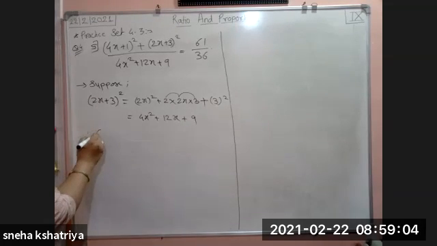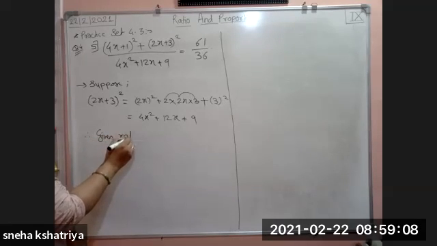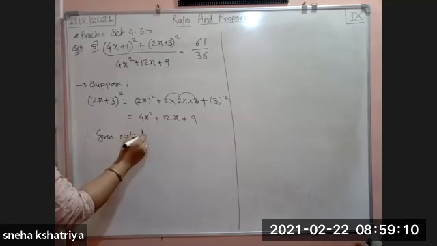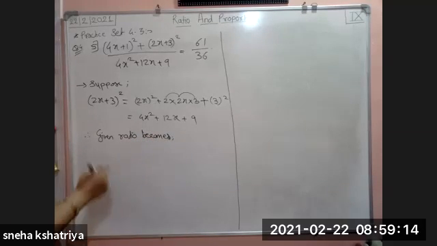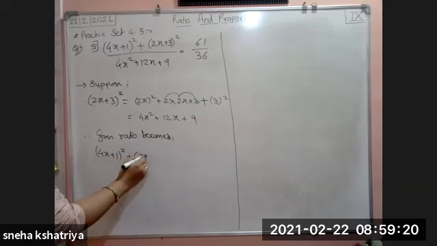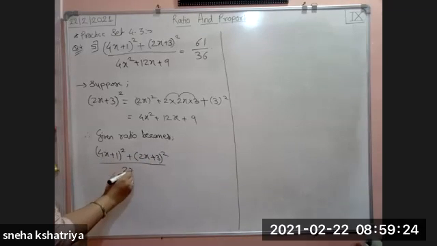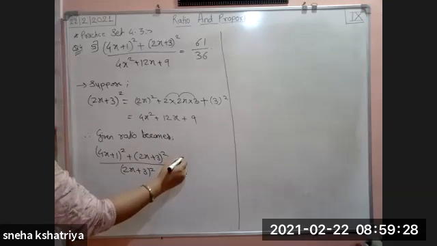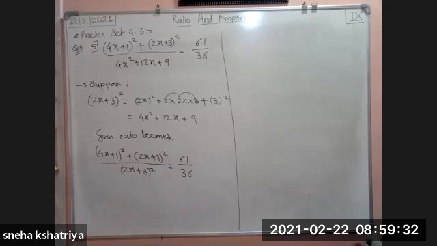Therefore, the given ratio becomes, what will become the given ratio? 4x plus 1 bracket square plus 2x plus 3 bracket square, at the denominator again 2x plus 3 bracket square, which is equal to the right hand side as it is, that is 61 upon 36.